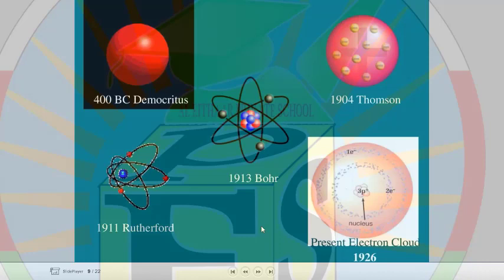So what you have to do is draw the structure of an atom. You have to draw the structure of the oxygen atom and nitrogen atom, and then put the number of electrons and protons according to their positions, and mention how many protons there are, how many electrons there are, and what the atomic number of oxygen and nitrogen is.